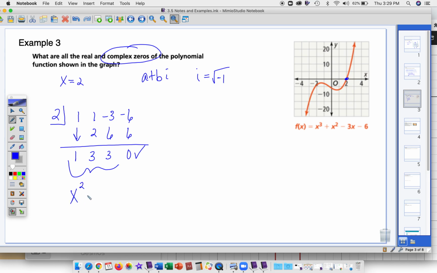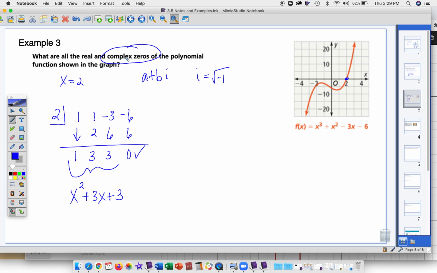if we look at this quadratic, because remember this is degree 2 because we started with the cube, our quotient is a quadratic. So it's x squared plus 3x plus 3. Now, is this factorable? That volume problem we were able to factor, right? But you know what?